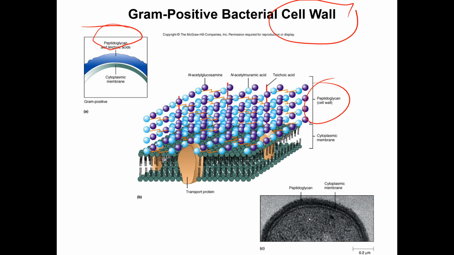In bacteria, the cell wall is mainly made up of peptidoglycan. As the name implies, peptidoglycan means proteins and sugars. You get layers of alternating sugar residues that get cross-linked and attached to one another by proteins, as well as glycosidic linkages.